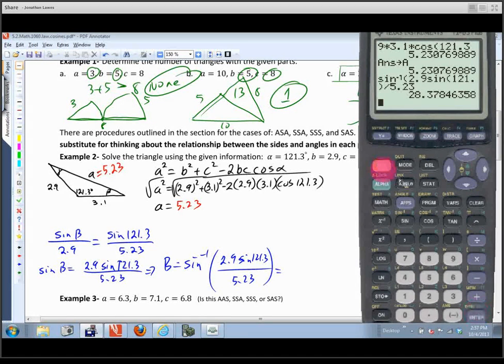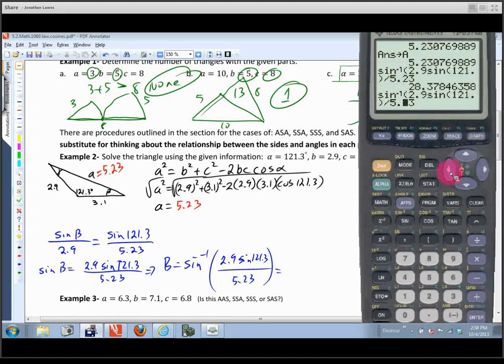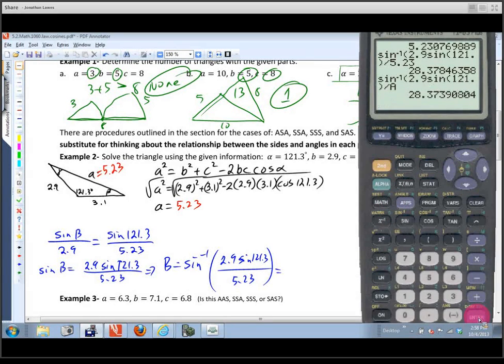Now, if I recall the same command, and let's say that instead of putting in that decimal approximation, I put in alpha A, what I stored in there, 28.37. So we're off by, let's see, 5 thousandths. Not too bad on this particular one here. So we're going to call this one 28.37.